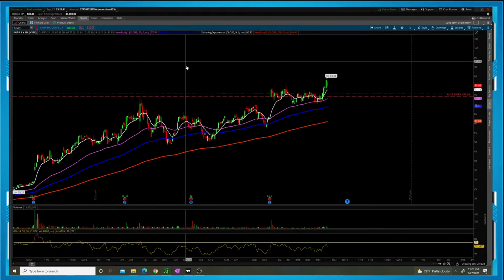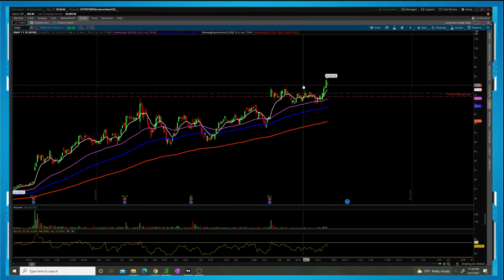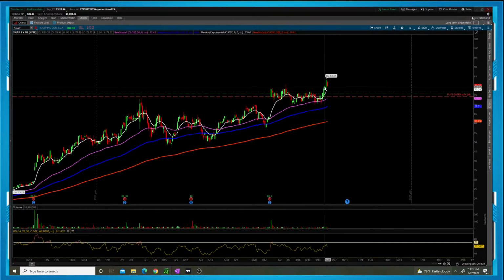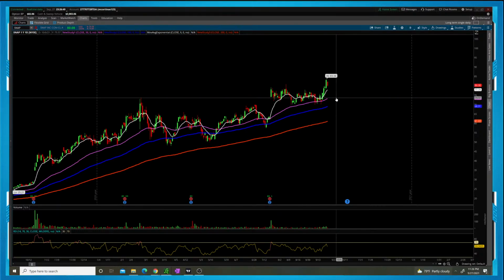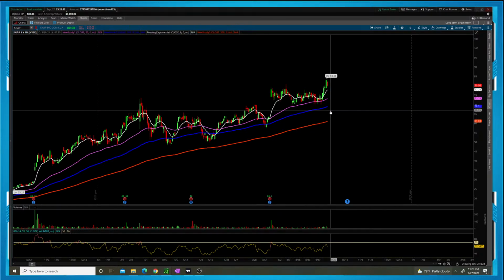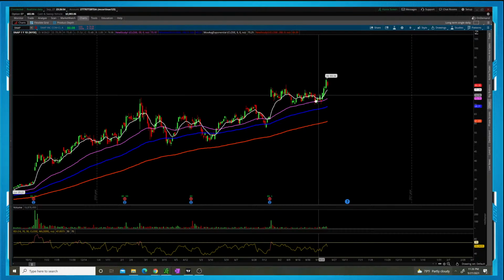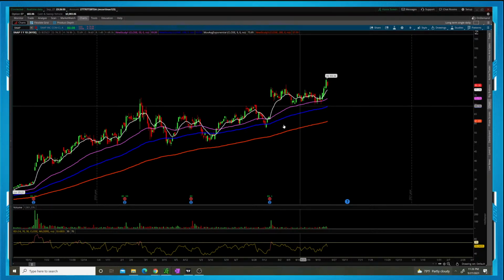But here on Snap, looking on the daily, we can see we have some bullish momentum coming here. We're above the 9 EMA and all the other EMAs.